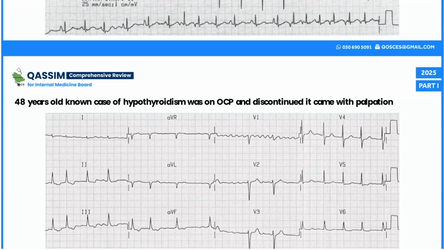So this is most likely atrial fibrillation with variable conduction, as you could see that at one point there are 3 P waves, then conducted, then there are 2, then conducted, then there's 1. So this is atrial fibrillation with a variable degree of conduction, most likely due to high doses of levothyroxine as a treatment option.